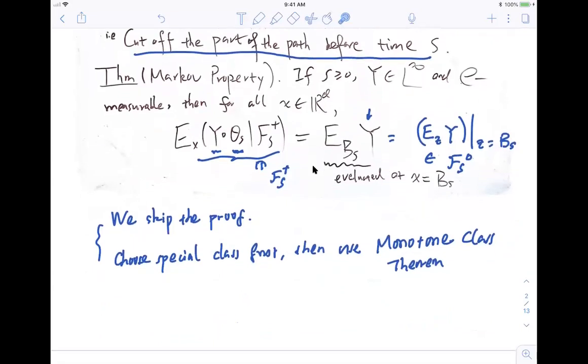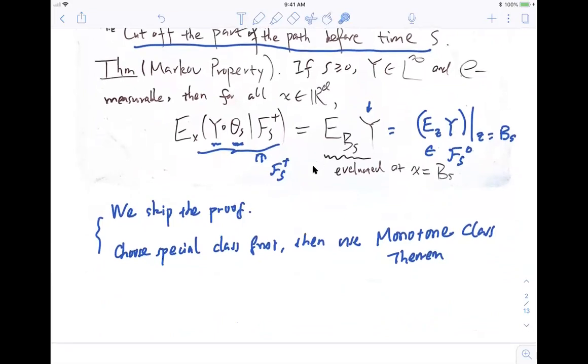You can find it in the book again. You use the monotone class theorem. We choose some special functions, and we can check the conditions to find a very special family of Y first. So, for instance, we can choose a function generated by a family where Y only acts on the times t_m.